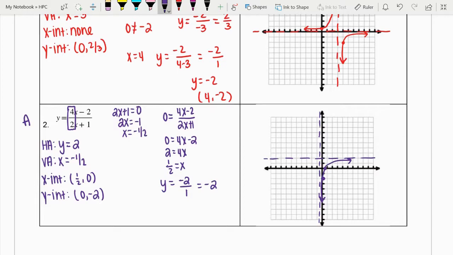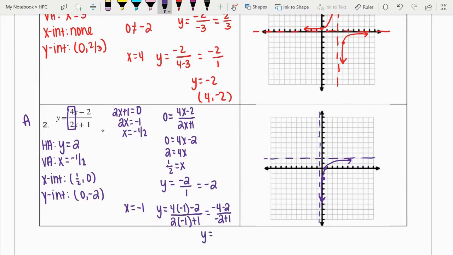To find out what the left-hand side is going to be, let's just substitute in a value. So I'm going to choose negative 1. So let x equal negative 1. Then y is equal to (4 times negative 1 minus 2) divided by (2 times negative 1 plus 1), which is going to give us (negative 4 minus 2) all over (negative 2 plus 1).